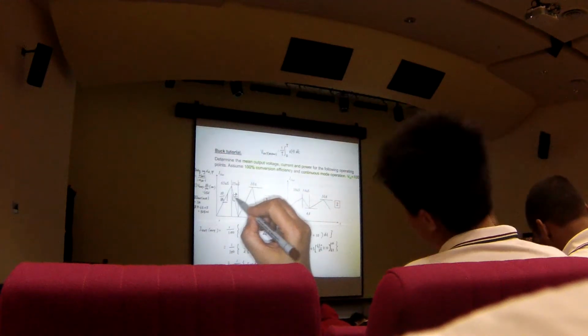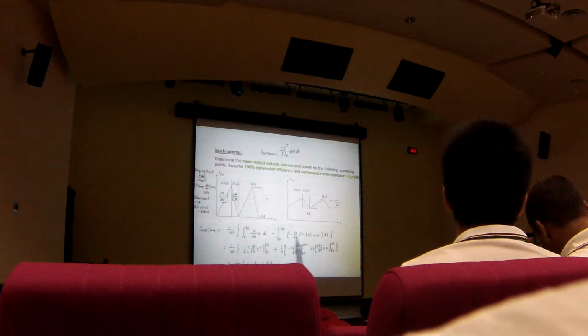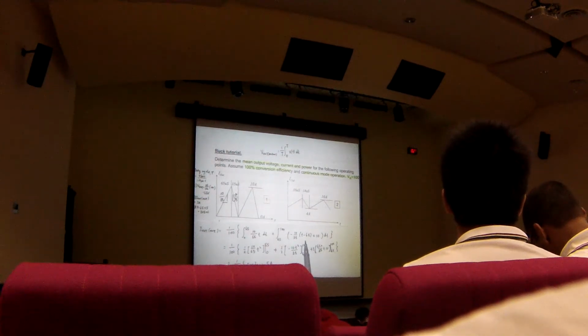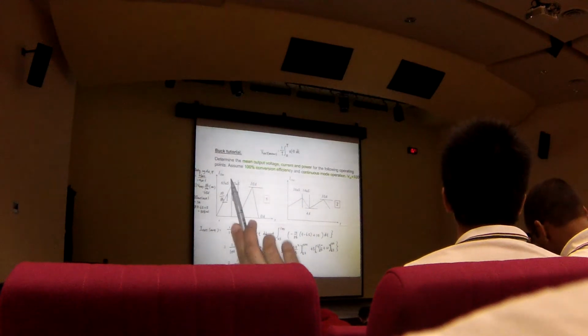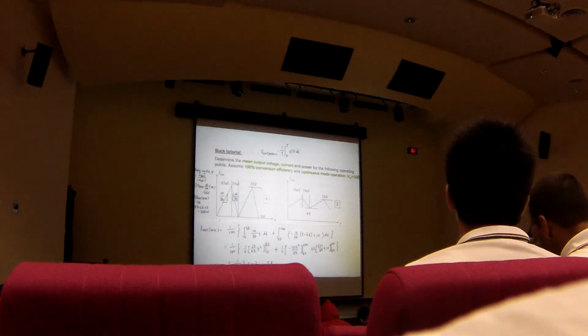Minus 10 over 35, because it's decreasing. Minus 10 over 35 times (t minus 65), because this is time shifted by 65, and you need to plus 10.